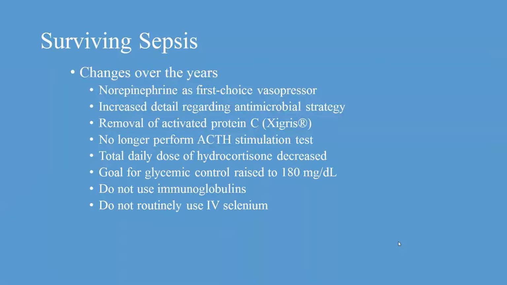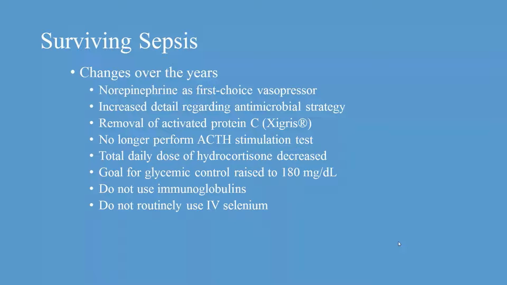But just very briefly, some of the changes in the Surviving Sepsis Guidelines over the years: they've solidified their stance on norepinephrine as the recommended first choice vasopressor. They've gotten a little bit more detailed regarding antimicrobial strategies. They removed activated protein C, or Zigris, from the initial recommendations. They've changed the approach to assessing adrenal dysfunction and steroid use.